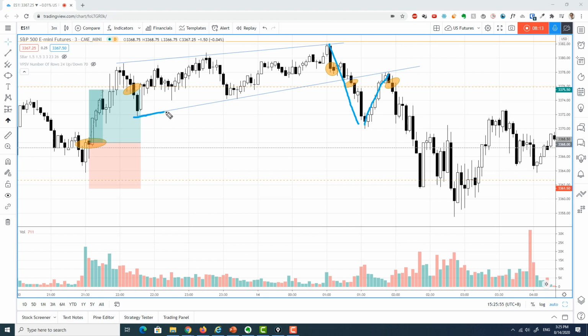You can see that this trend line actually acted as resistance, and the price just tested this resistance level, followed by this reversal bar. So this is another possible short entry right after the close of this bearish bar. Otherwise, the next bar is nice as well.